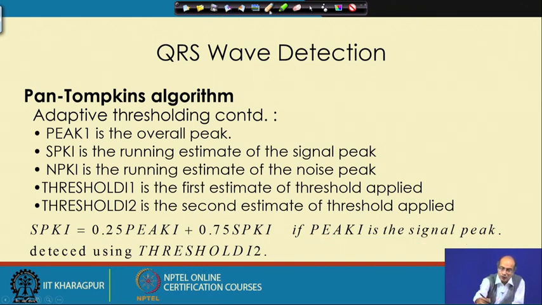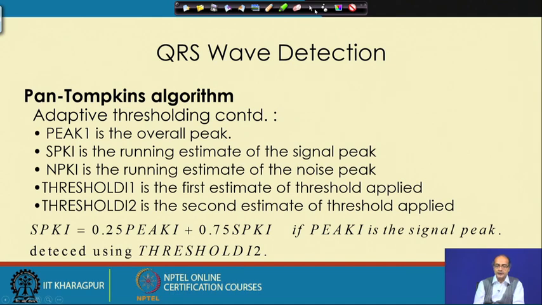That means, what we realize is that due to some reason, maybe contact resistance or so, the signal amplitude has reduced, and because of that we could not get any peak above threshold 1.